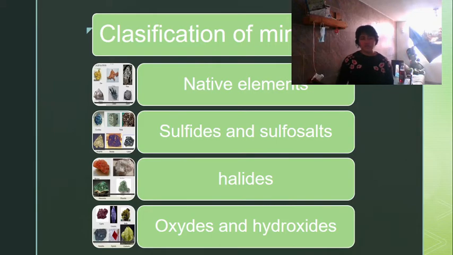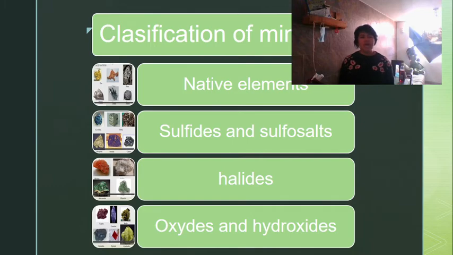Classification of minerals: native elements such as gold, silver, copper, important for electronics, platinum, osmium, among others. Sulfides and sulfosalts. Most of the sulfide minerals are opaque and have distinct colors, as are pyrite, galena, and cinnabar.